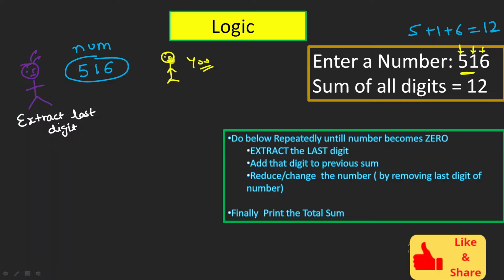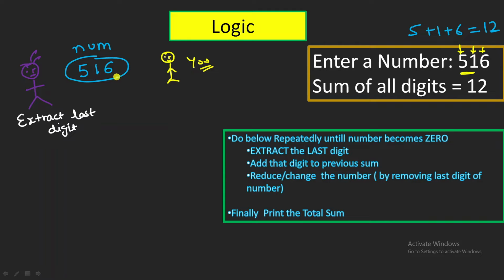If some person comes to you and gives you 5, then 1, then 6, one by one, then you could do the sum. Let's say you have a friend who says, I have the superpower to extract each individual digit from this given number.